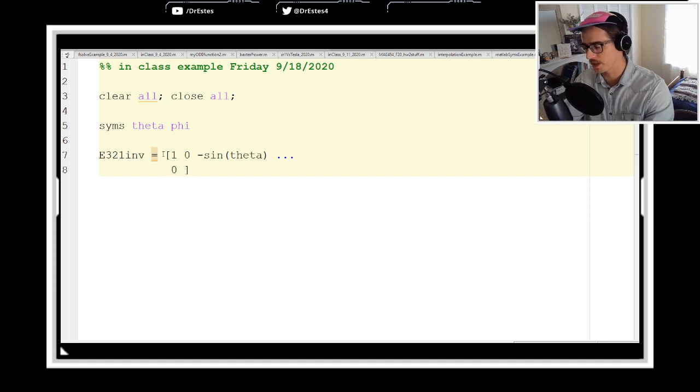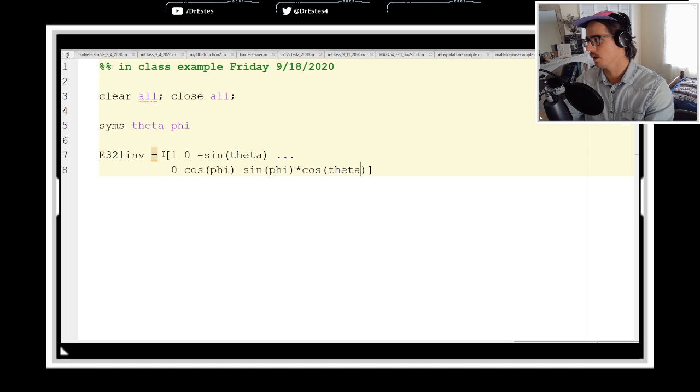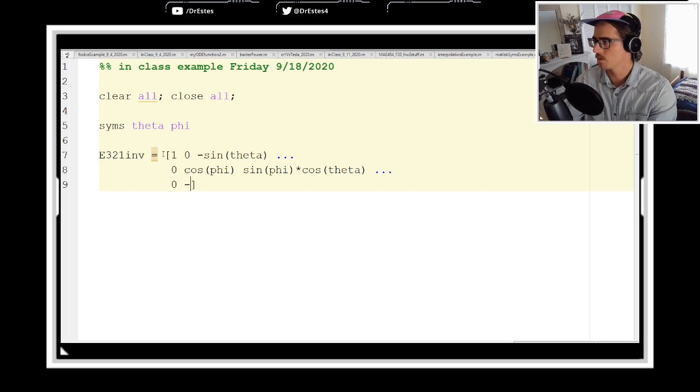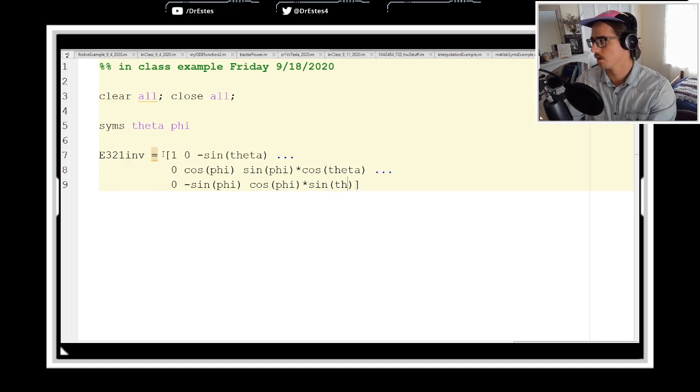I like to do this for matrices, so it's clear to me which are the rows. And okay, so sine phi times cosine theta. All right, that's the second row. Another dot, dot, dot. We're going to the third row. 0, minus sine phi, and then cosine phi times sine theta.